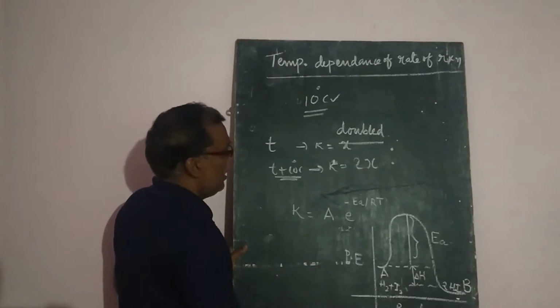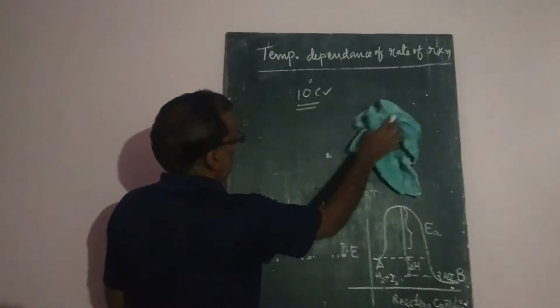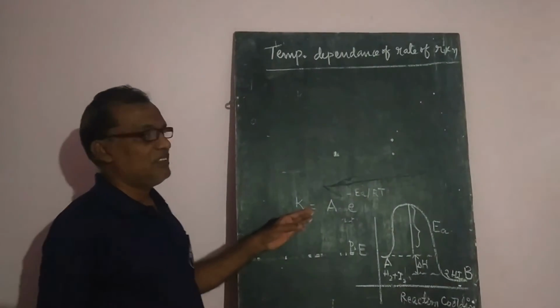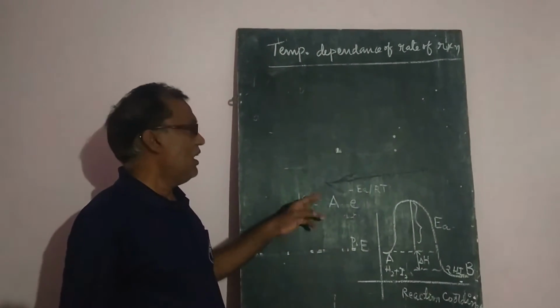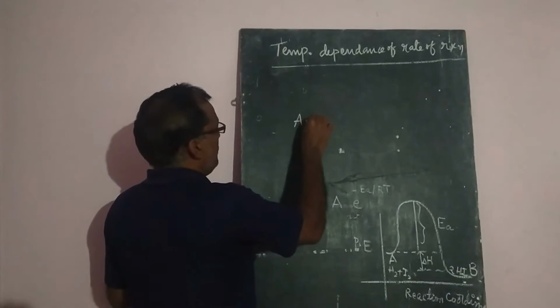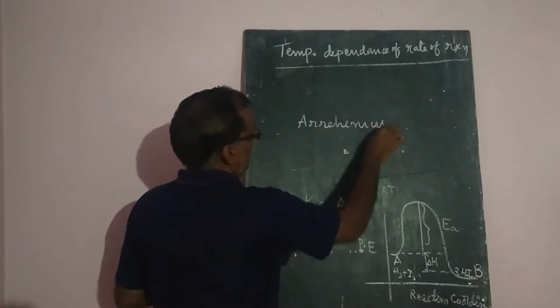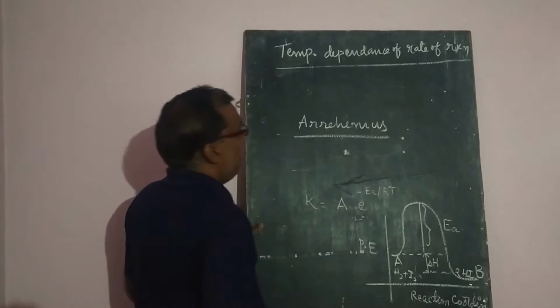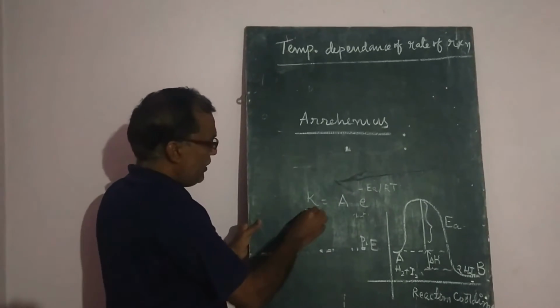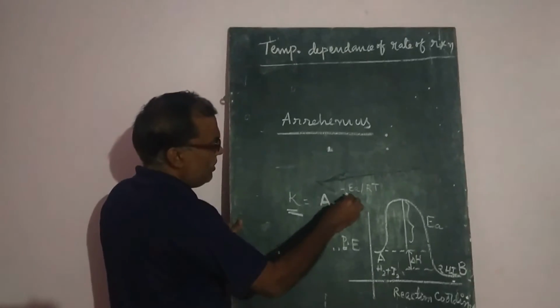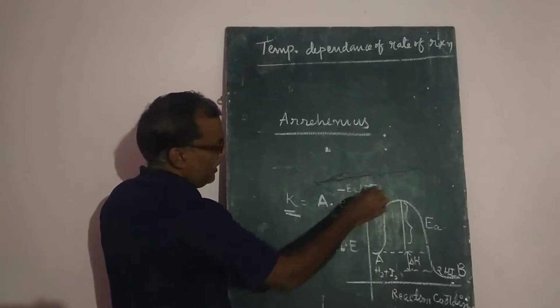After that, one scientist proposed a theory, but afterwards Arrhenius developed the physical quantities of this theory, the Arrhenius theory. Arrhenius proposed an equation for the rate of reaction: k is equal to A into e to the power minus Ea by RT.